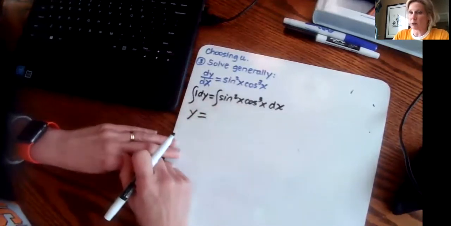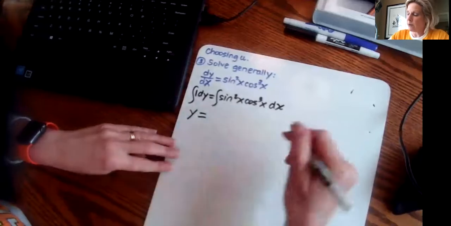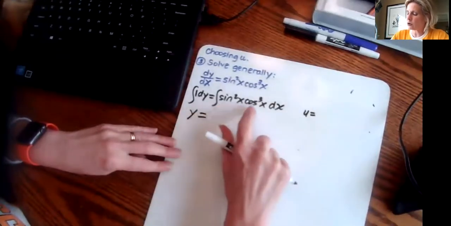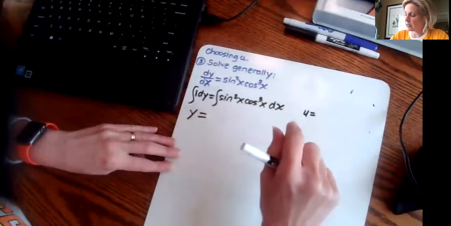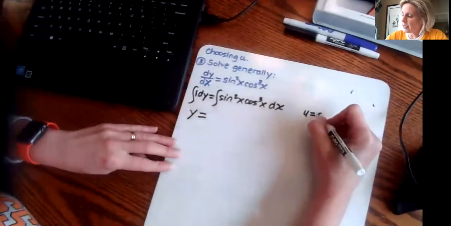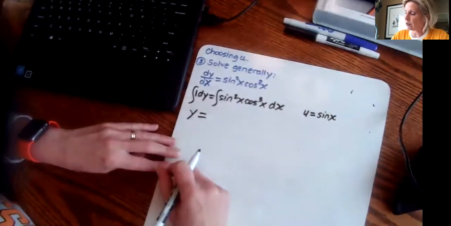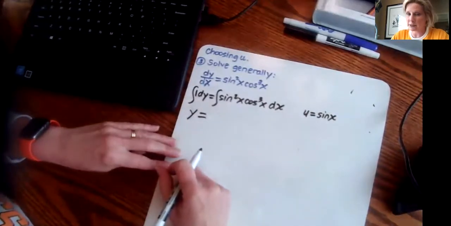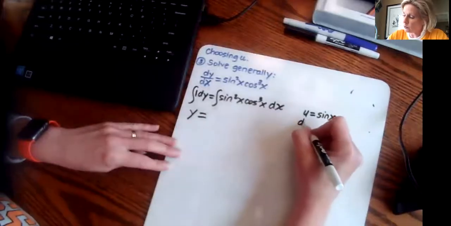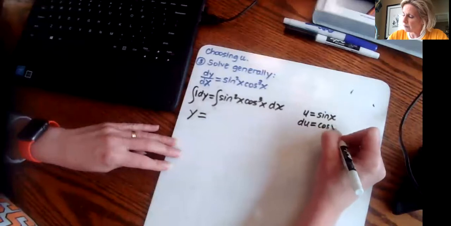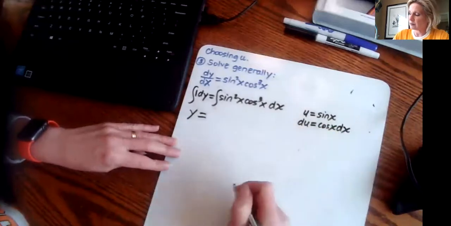So now what I've got to do is figure out, well, do I want my u? And generally your u is not going to be sine squared or cosine cubed. It's going to be sine or cosine. Well, let me just say, let's go with sine x. And then I can show you how it plays out if you were to choose u equals cosine x as well. So the derivative of u is cosine x dx.